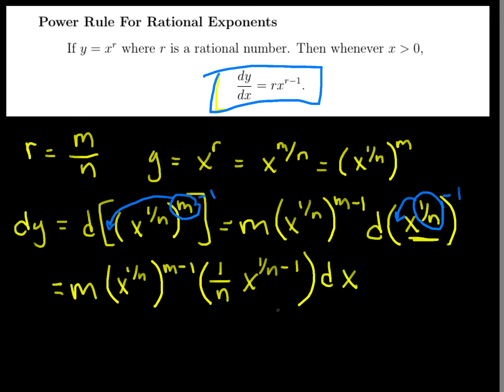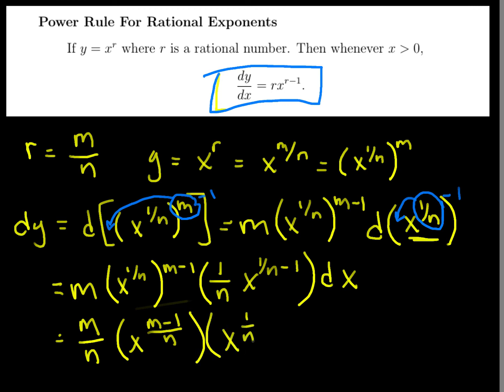Now there's a lot going on here, but I can collect all my terms, and we get m over n times x to the m minus 1 over n times x to the 1 over n minus 1 dx.